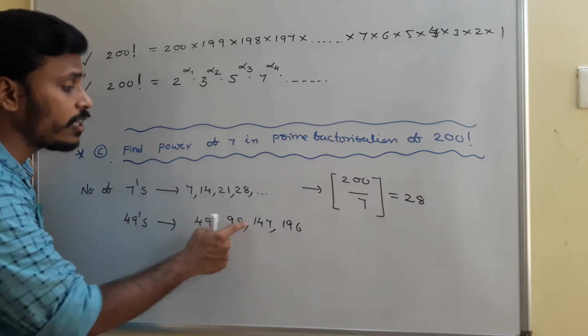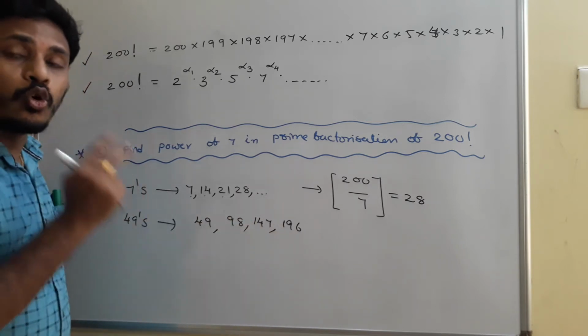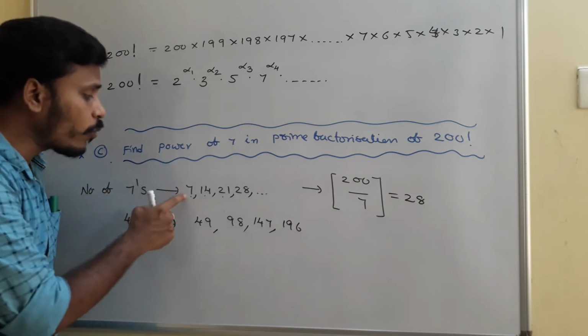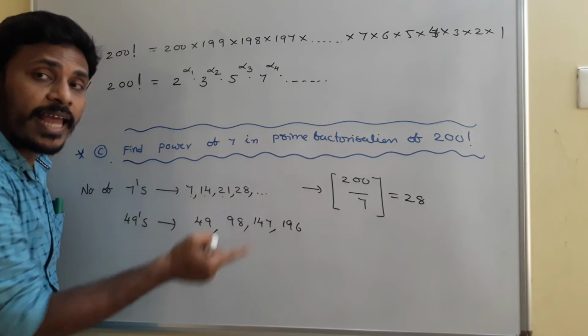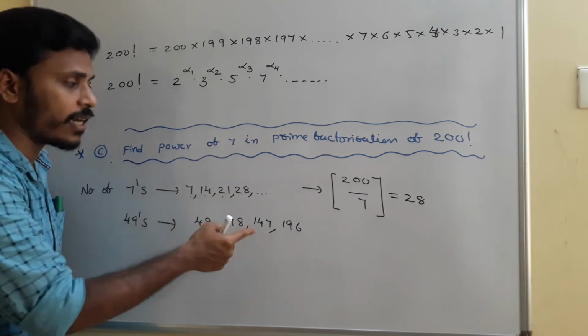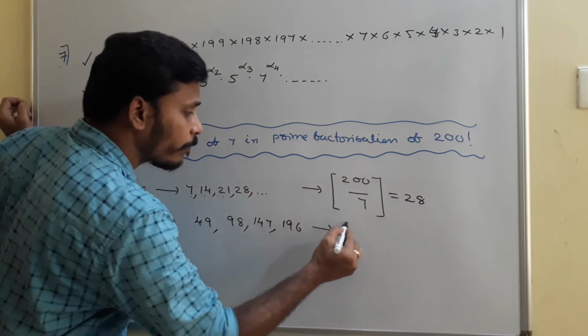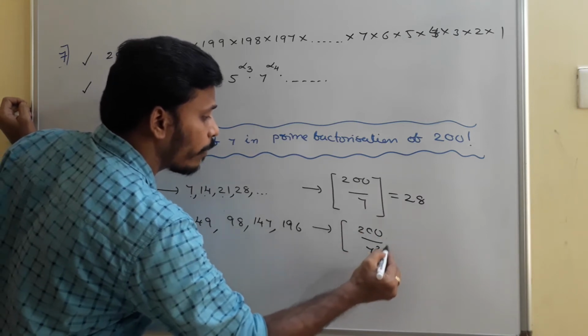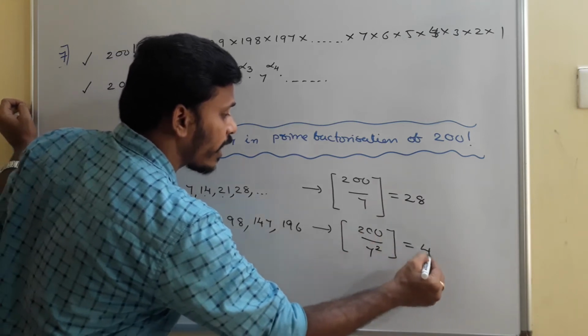So since these numbers have 2 7s, we need to count these numbers 2 times. Already once we counted in the first list, and once again you need to count in the second list. So how many numbers are there here? 4, and that 4 is simply 200 divided by 7 square, floored, and it results as 4.